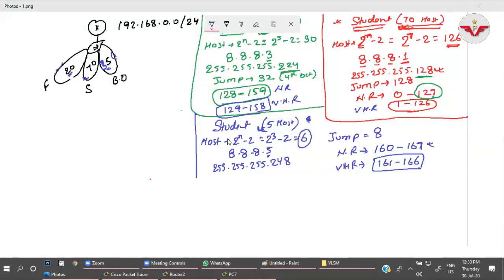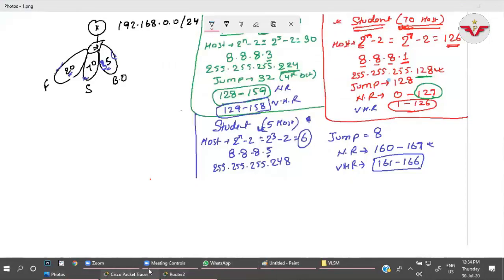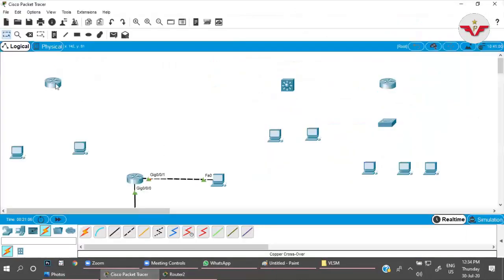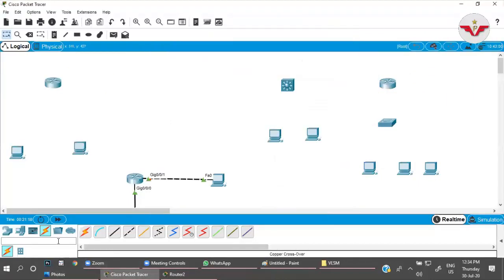So we are going to configure these things in the scenario. Now let us come here. Let us take some switches, this switch and this switch.